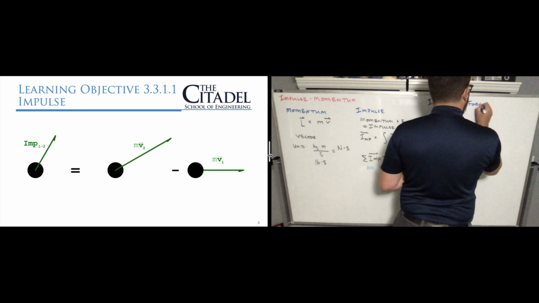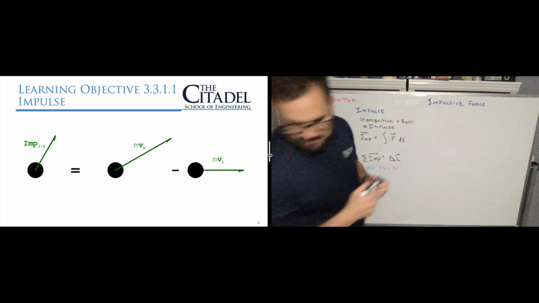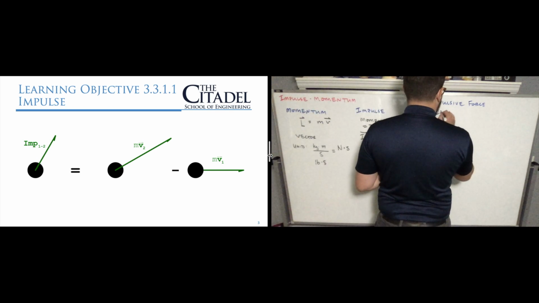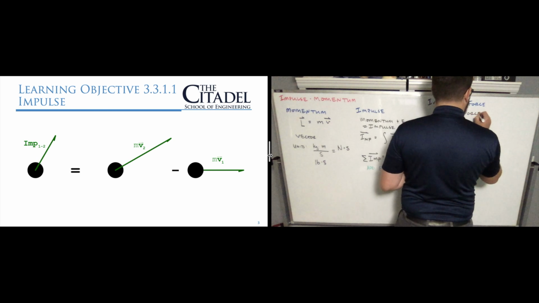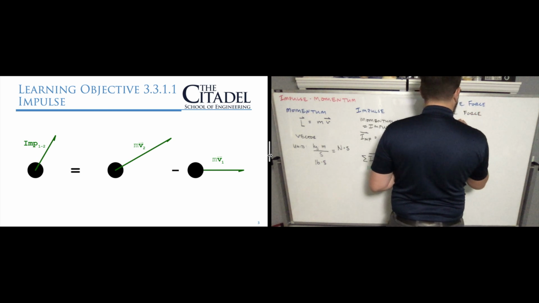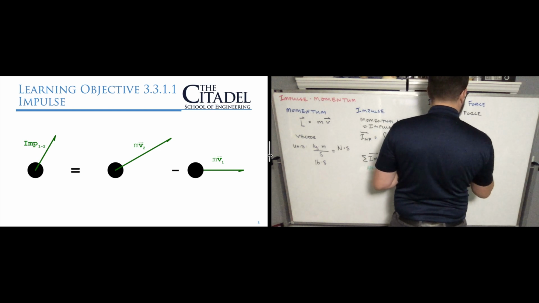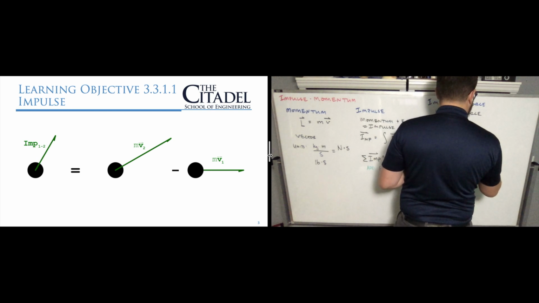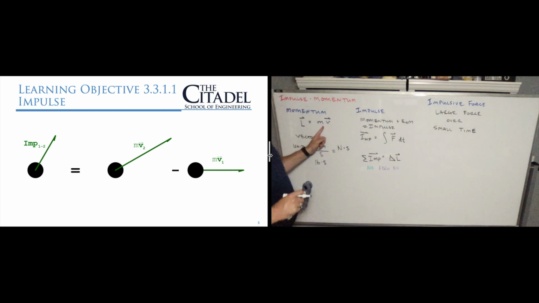An impulsive force is typically one that has a very large force over a very small time. And so the idea is that it's going to rapidly change the linear momentum, the mass times velocity.